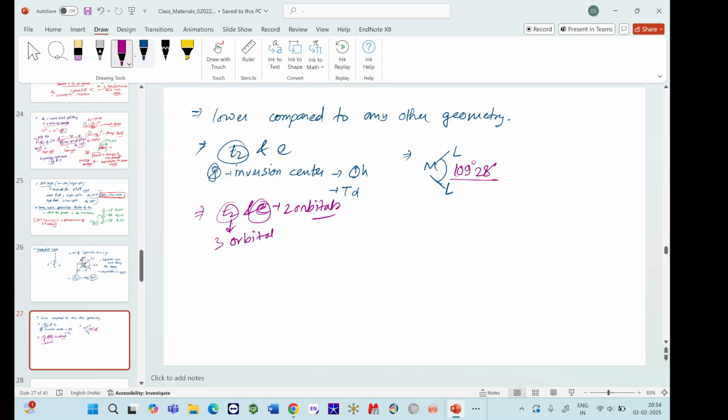So for E you have two, then you can divide this angle by 2, then you will have 54 degree 44 minutes. For T2, you will have 109 divided by 2, you will have 35 degree 16 minutes.